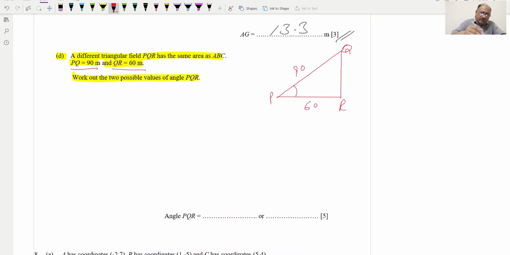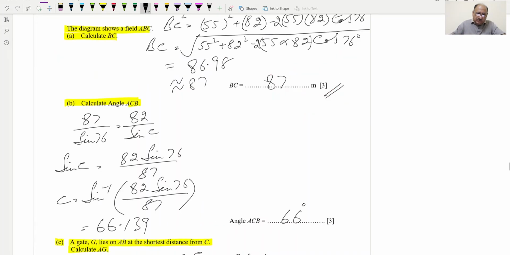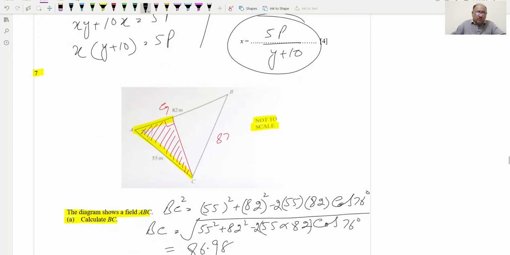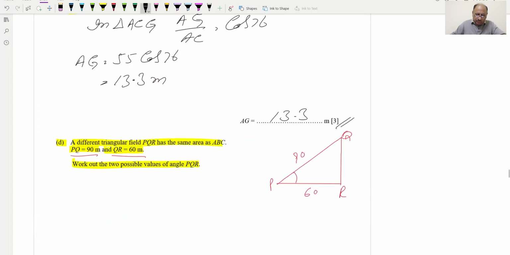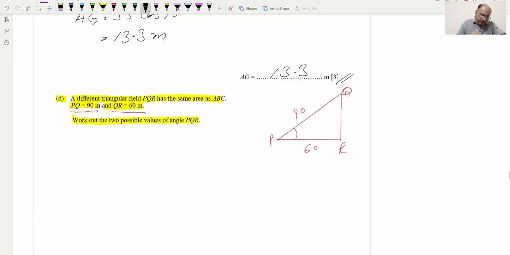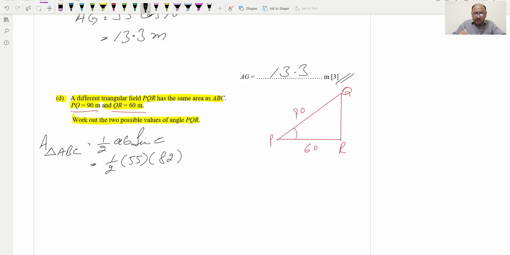So we can find the area of triangle ABC. ABC is this triangle. So we will use half into AB sine C, and we will write area of triangle ABC is equal to 1 by 2 into AB sine of C, which will be half into one side 55, the other side 82, into sine of 76.